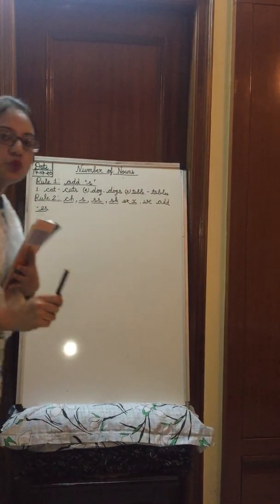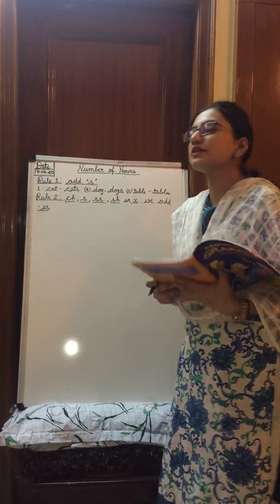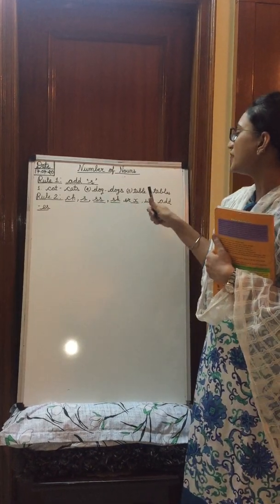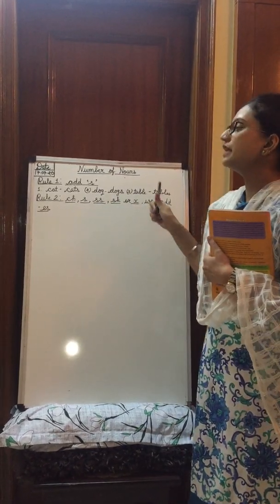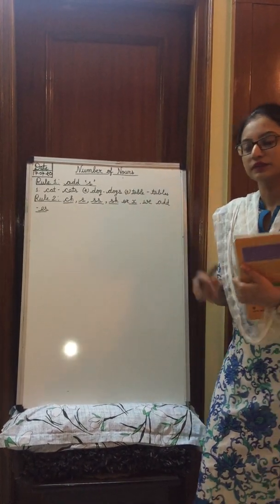If a noun ends with ch, s, ss, sh or x, we add es to the word to make it plural.